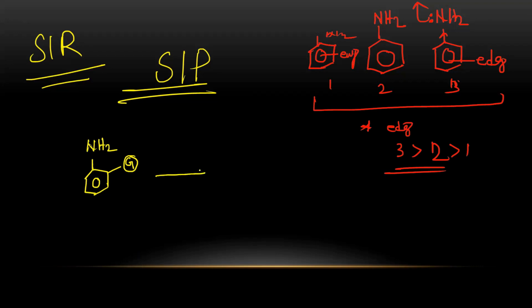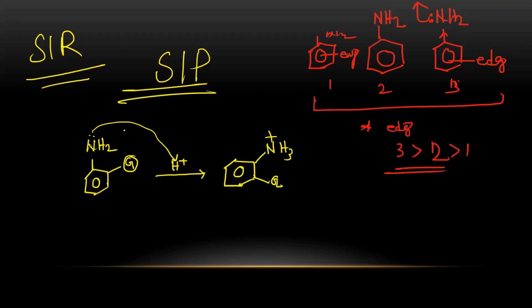Then we have to draw its conjugate acid, because it is base. So basicity will be decided by stability of conjugate acid. So the conjugate acid will be, when it abstracts proton, the resultant molecule will be our conjugate acid. So our conjugate acid will be NH3 plus, and this is the group.